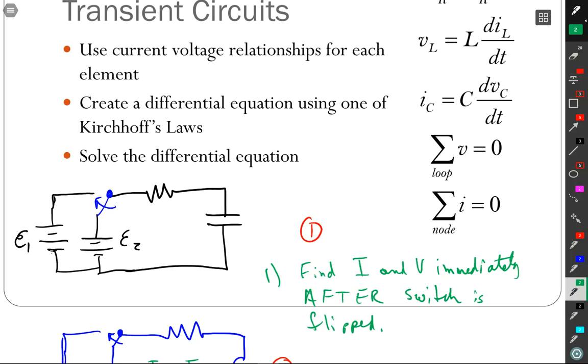Well, just common sense would say that the stored charge wouldn't change. The stored charge cannot change in an instant. And since the voltage is proportional to the stored charge, remember Q is equal to VC, then the voltage can't jump discontinuously.